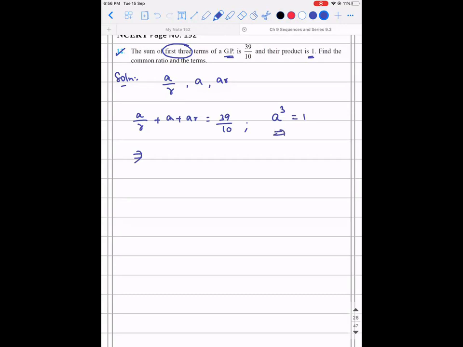A cube is 1 and A is how much? A is 1. So when you take A as 1, 1 by R plus 1 plus R will be equal to 39 by 10, which implies 1 plus R square divided by R is 39 by 10.